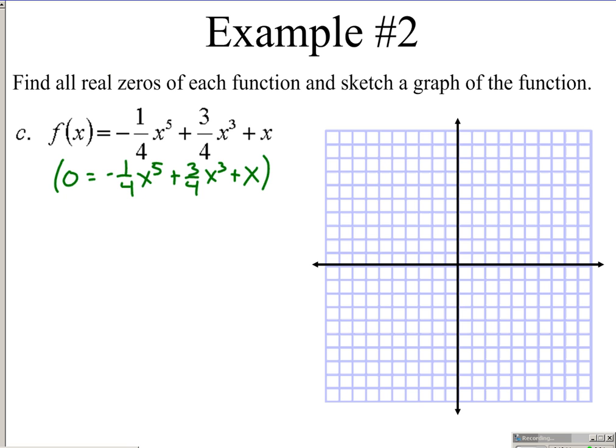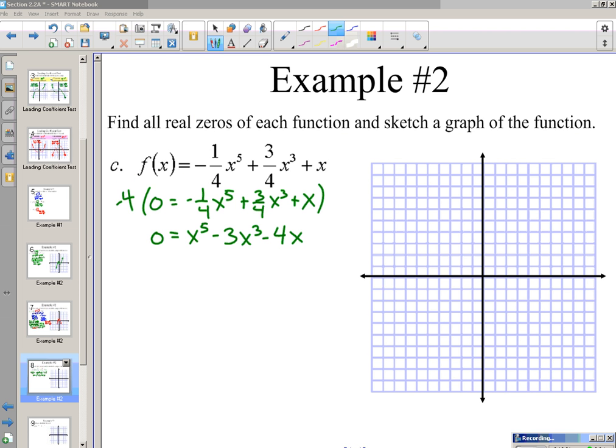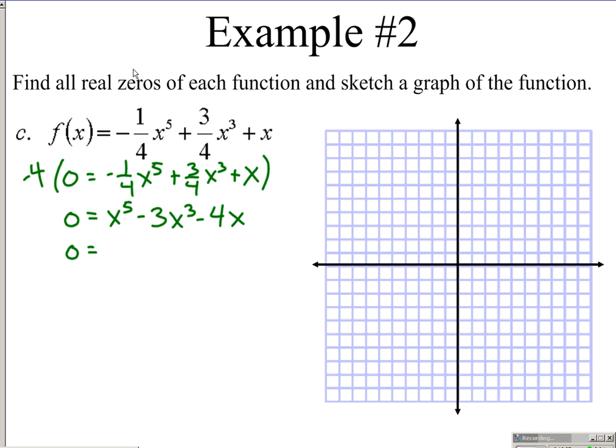So we get 0 equals x to the 5th minus 3x cubed minus 4x. So when we continue factoring this, first thing we notice is that we can pull out a greatest common factor, which is going to be an x, leaves us with x to the 4th minus 3x squared minus 4.